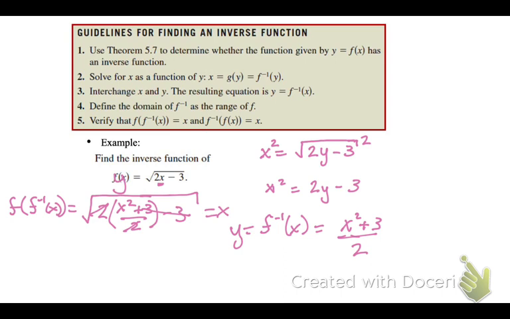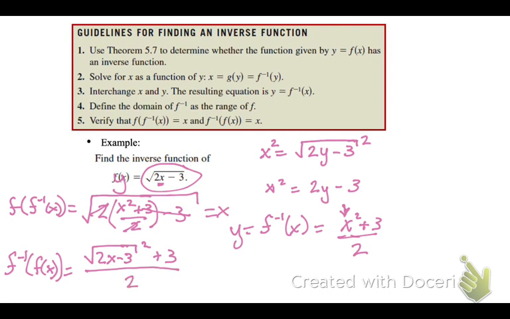So let's do f inverse of f of x. Okay, so this whole thing in for that x. Yes? So I have the square root of 2x minus 3 squared plus 3 over 2. I'm going to go sideways because I ran out of room.